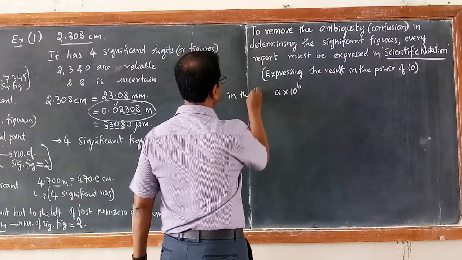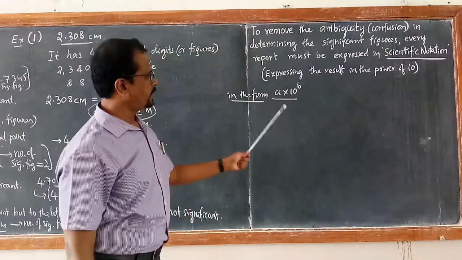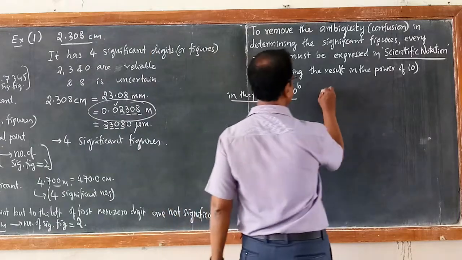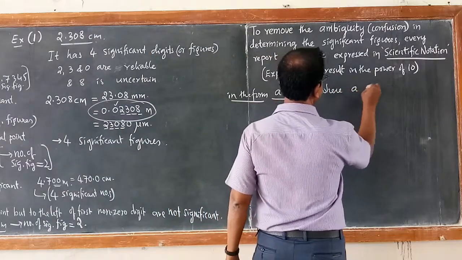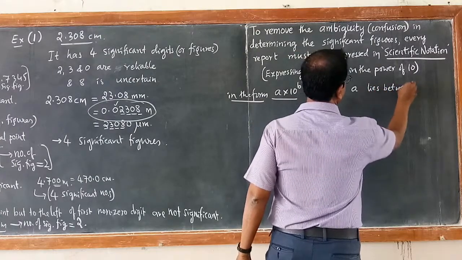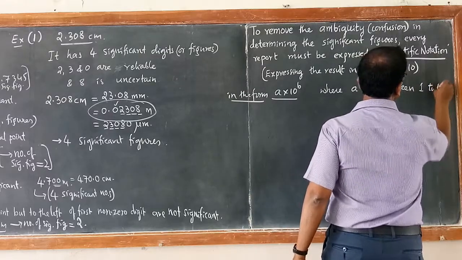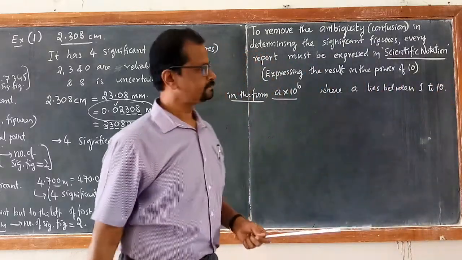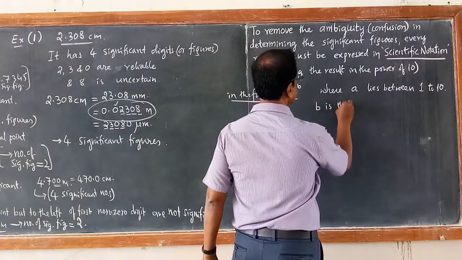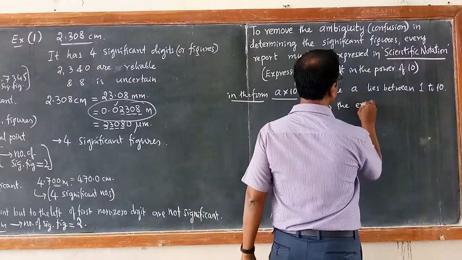In this form, a into 10 to the power of b, where a is a digit that lies between 1 to 10, preferably 1 to 9, and b is the power of 10, or the exponent.